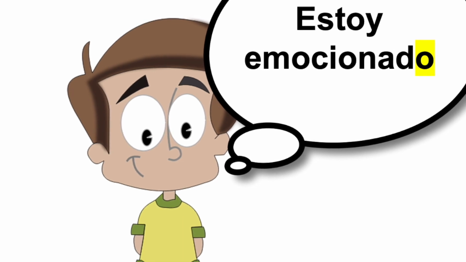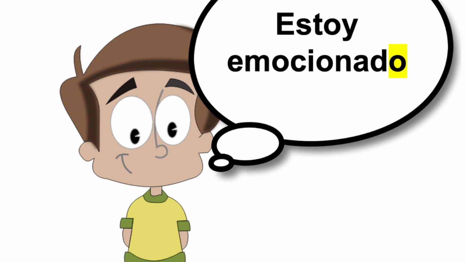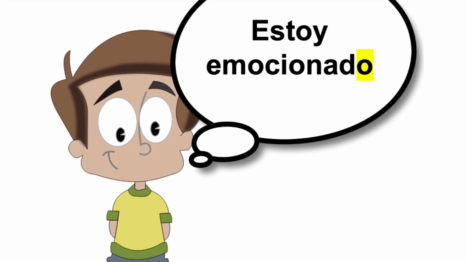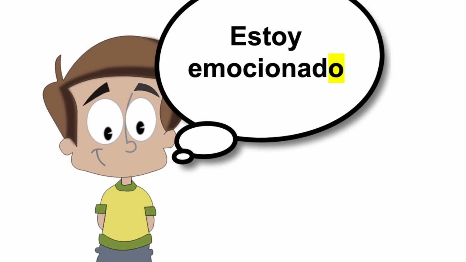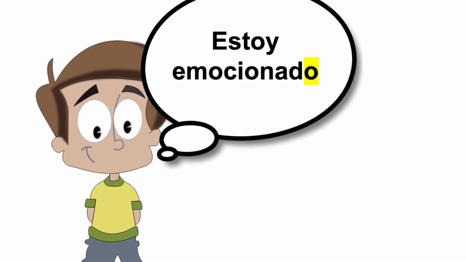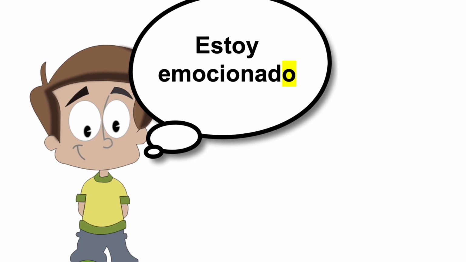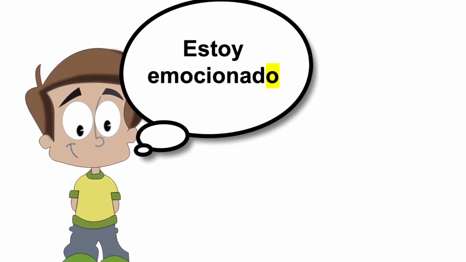So for example, our person here, let's name him Rodrigo. He wants to say that he's excited, but look at my highlight. You notice that it's an O, right? Remember, when you're talking about yourself, if you're a boy, you're going to use O at the end. If you're a girl, you're going to use A. So in this case, he's saying, estoy emocionado.